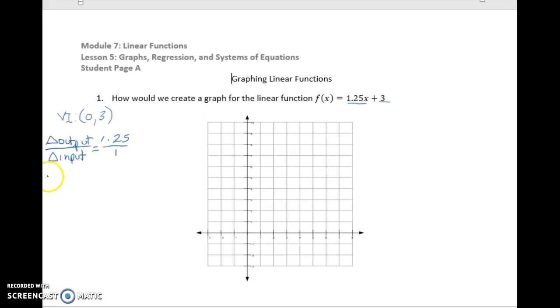So this means for every 1 unit horizontal movement, there is a 1.25 vertical movement.